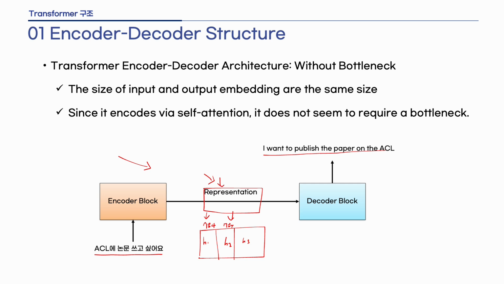So we don't need to minimize our dimensionality to represent the middle representation. It is possible by using attention structures. And as I mentioned, the input and output embeddings are the same size, and since it encodes by self-attention, it does not seem to require a bottleneck.